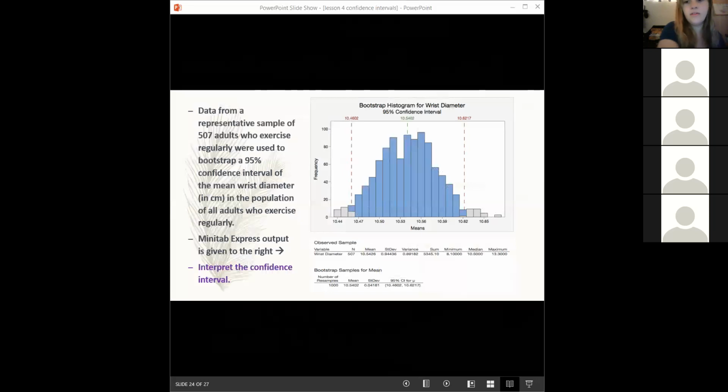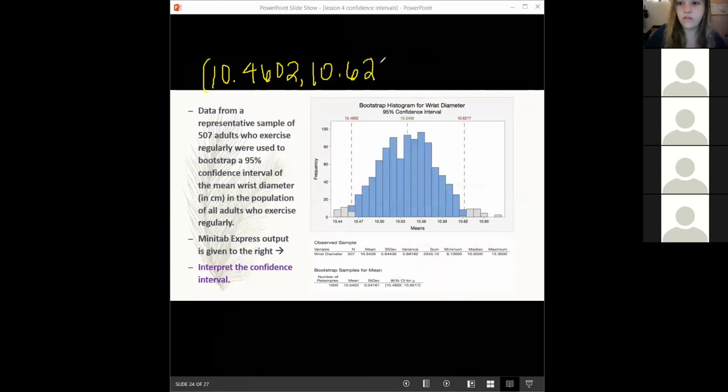Yes, those are the numbers. Let me write them up here. The confidence interval that you're given is 10.4602 and then 10.6217. All right, so go ahead and interpret this.